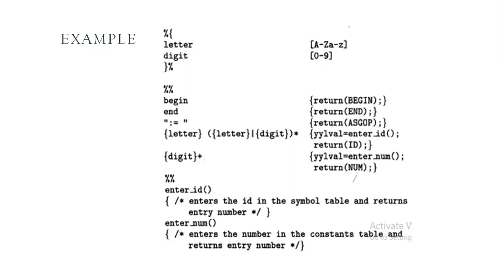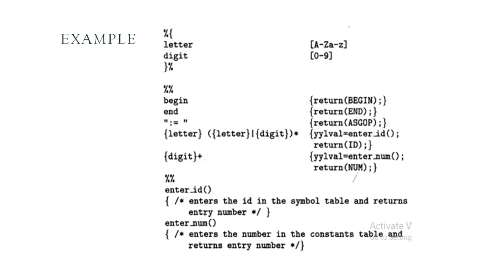Next is letter followed by another bracket, letter or digit star. You know star means 0 or more occurrences. So any ID starts with a letter and it can continue with letter or digit, or continuous letters, or continuous digits, or a letter-digit combination, anything, or there may not be any occurrence of letter or digit.